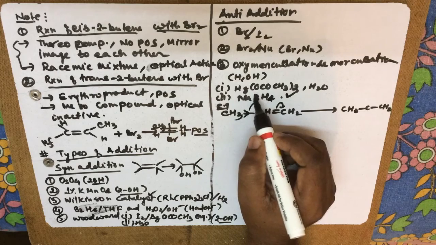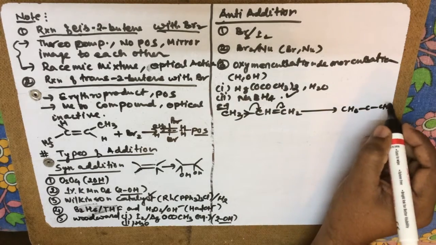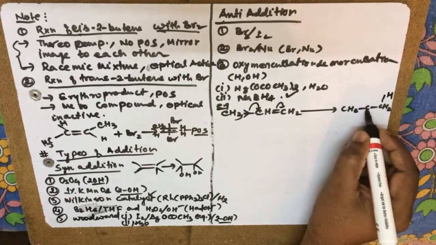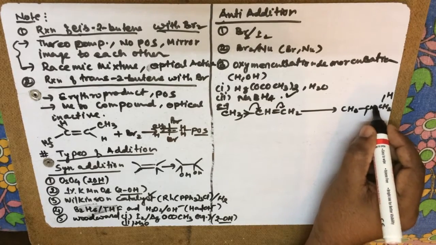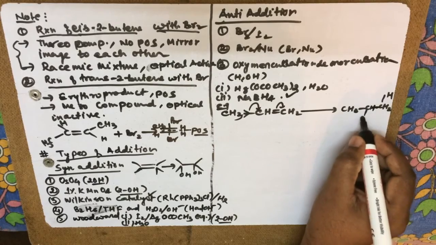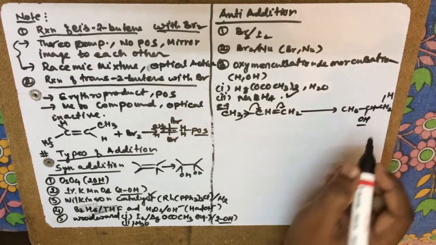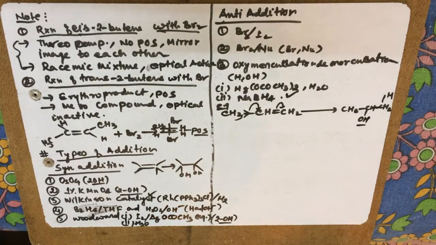Negative means the hydrogen will go here and the OH will go there. So directly you will get the product without taking any time.